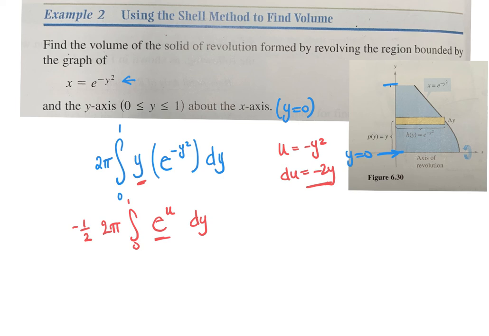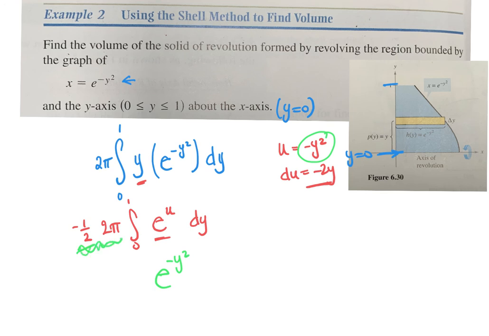What's the antiderivative of e to a function? It's just e to u. And so then I can replace that u. So you don't have to do u substitution. You could just leave it as long as you know to put that 1/2 out there.